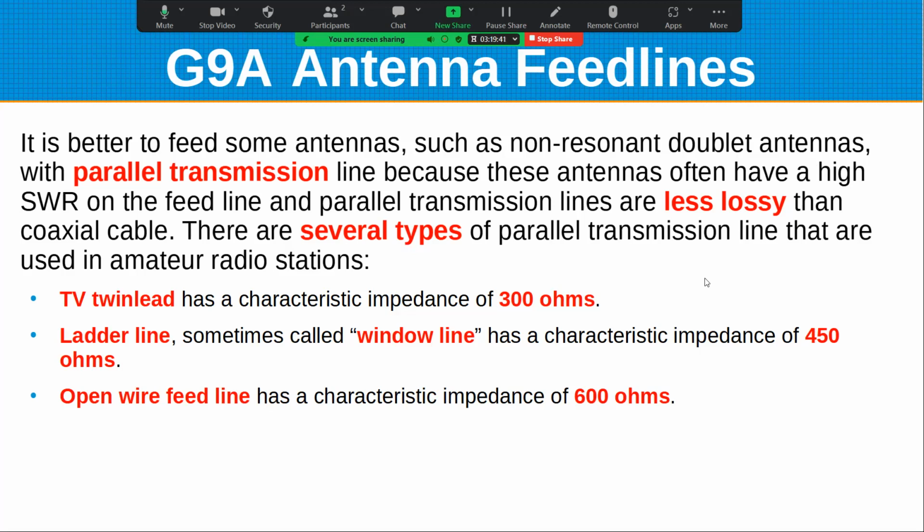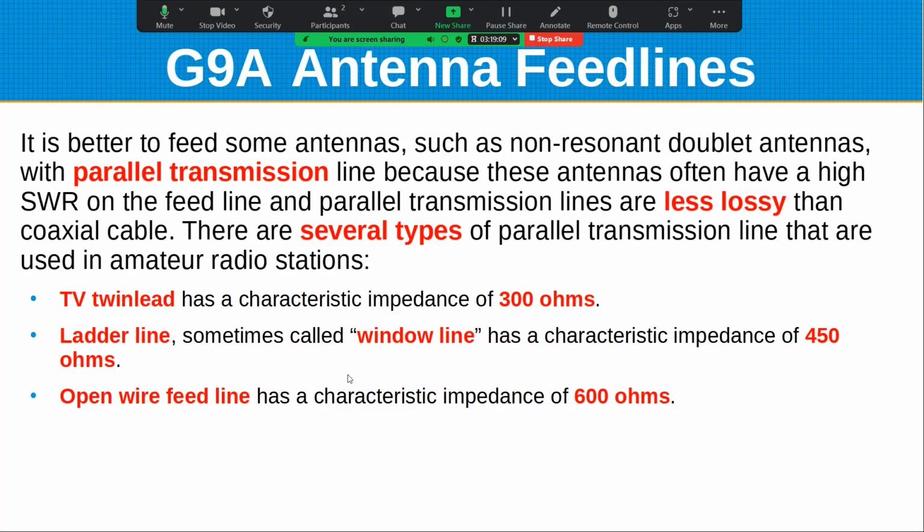There are several types of parallel transmission line we talked about before. The TV twin lead, which I don't think is used in amateur radio, except perhaps for making a twin lead J-pole. Ladder line, which they call window line in some cases, is usually 450 ohms.